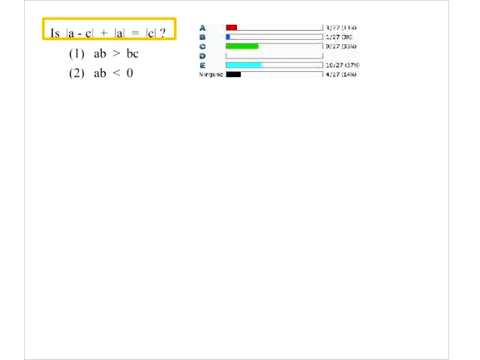You could theoretically do this with algebra. We'll come back to that if there's time here. Or you could theoretically do plugging. Or you could theoretically use a number line interpretation. So let's talk about this first.